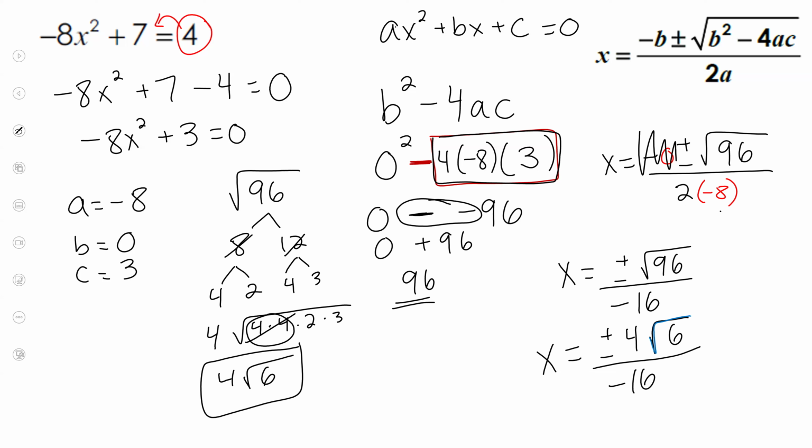So I can divide this 4 by a 4, and I can divide this negative 16 by a 4. So this will be x equals 4 divided by 4 is just 1. And negative 16 divided by 4 is a negative 4. So this is your answer.